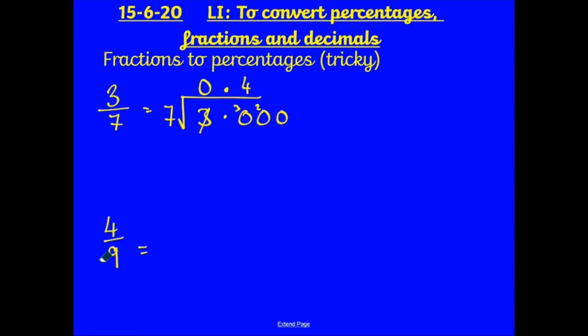Remainder 2. That is 2. Remainder 6. And then that one there, 60 divided by 7 is going to be 8. And there will be a remainder, of course, but I don't need to go any further. So it's 0.428. So how do I get that to a percentage?